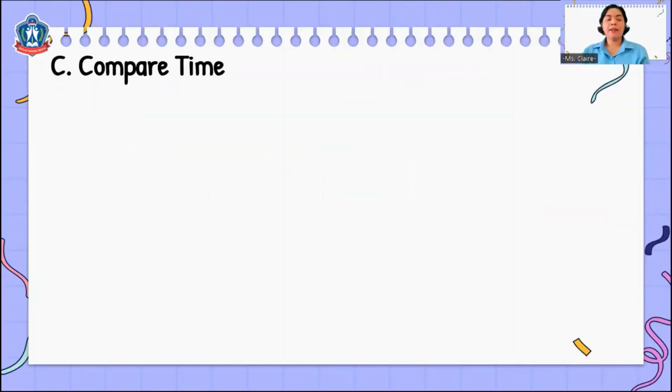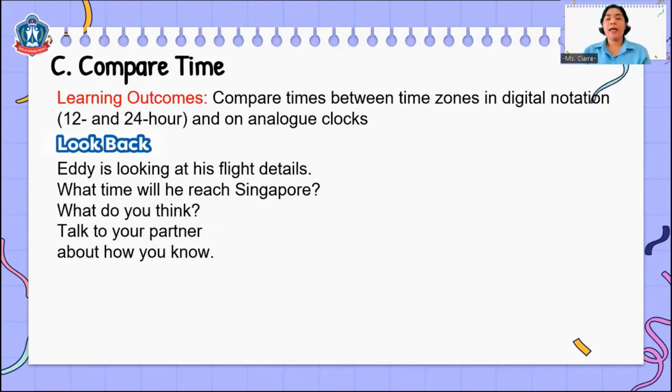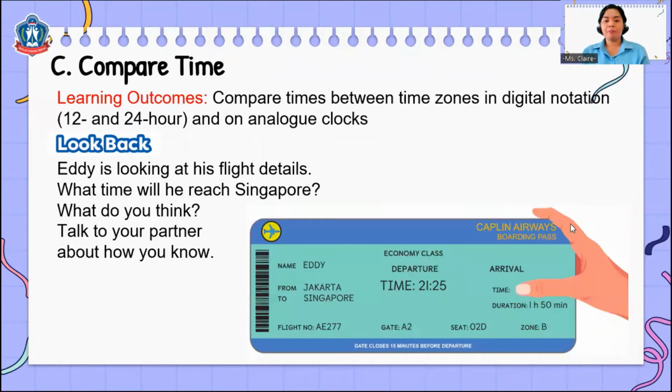Now let's study lesson C, comparing time. The learning outcome is to compare times between time zones in digital notations, 12 and 24-hour digital notation, and on analog clocks. I have here a problem. AD is looking at his flight details. What time will he reach Singapore? Take a look at the ticket.